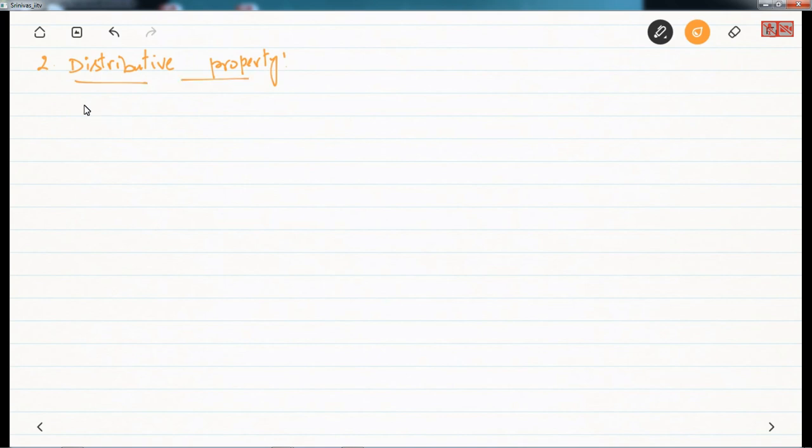It says that x of t convolved with h1 of t convolved with h2 of t is equivalent to x of t convolved with h1 of t, convolved with h2 of t.